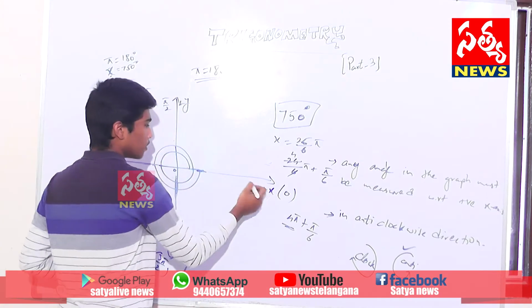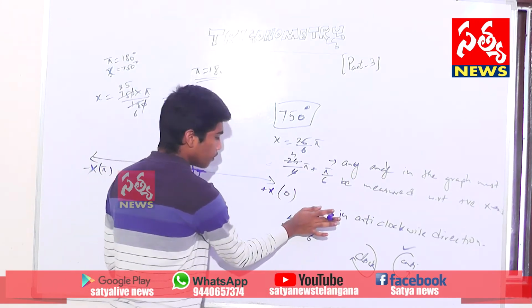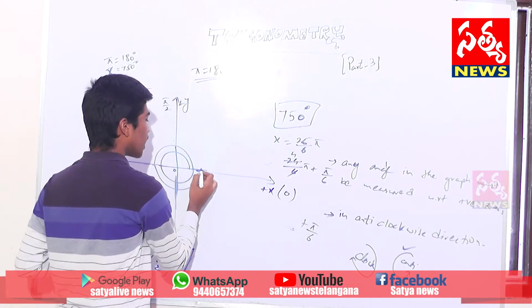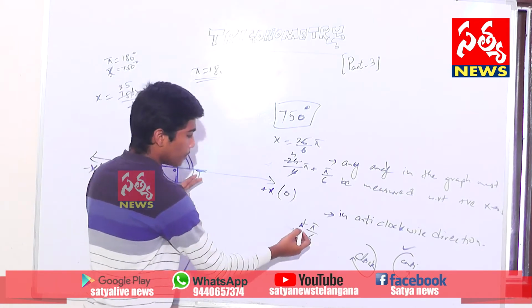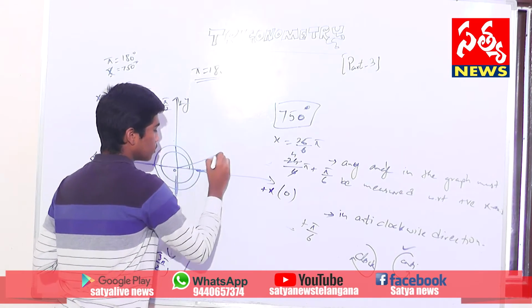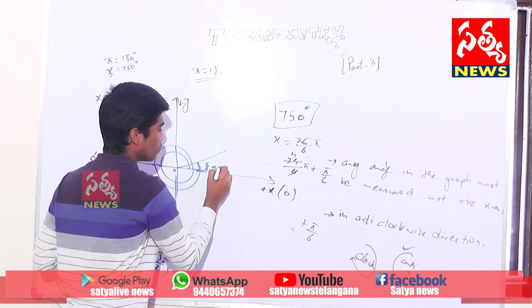We are done, and again we come to 0, the positive x-axis, so we can remove this. We are at the starting point, 0, plus pi by 6. Pi by 6 is 30 degrees. So this is pi by 6 or 30 degrees.